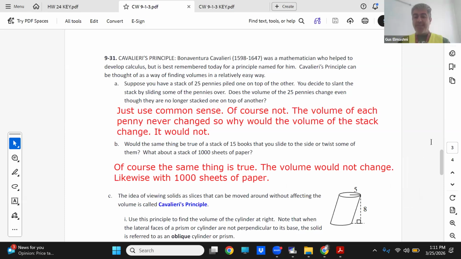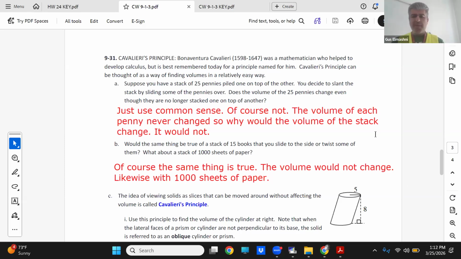So the idea of viewing solids as slices that can be moved around without affecting the volume is called Cavalieri's principle. Okay, fine. Even if you took all the books and twisted them, who cares? It's still the same volume. So using this principle to find the volume of the cylinder at the right, note that when the lateral face of the prism or cylinder is not perpendicular to the base, the solid is referred to as an oblique cylinder or prism.